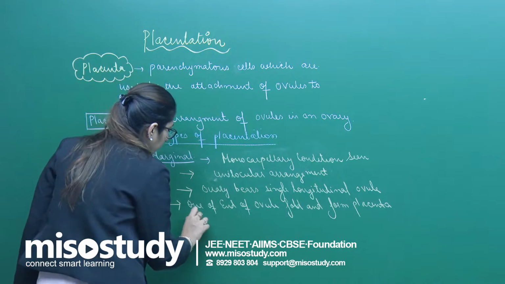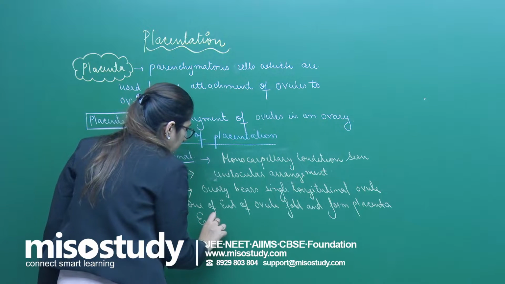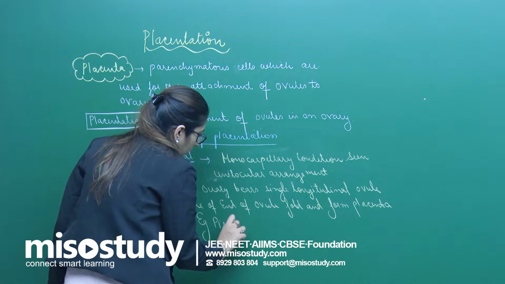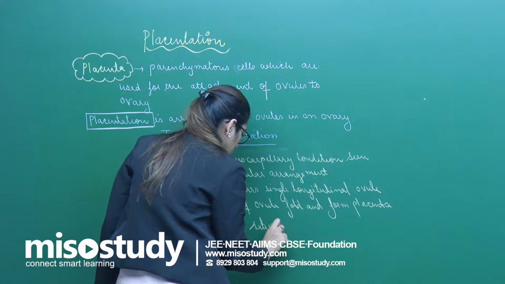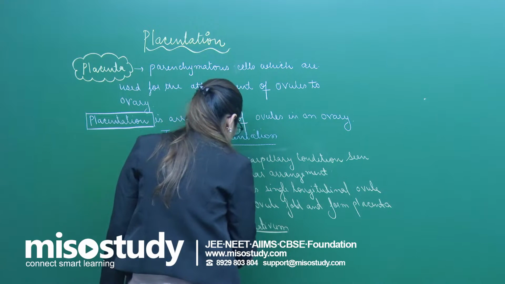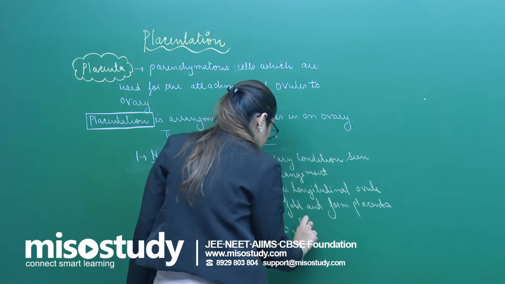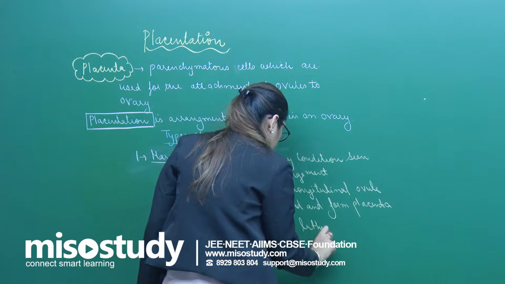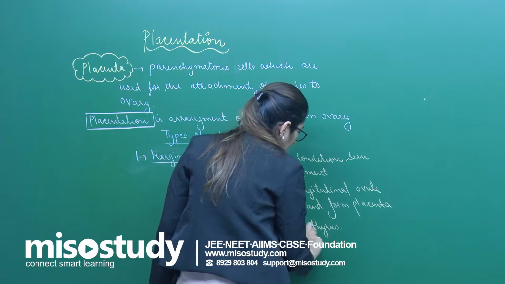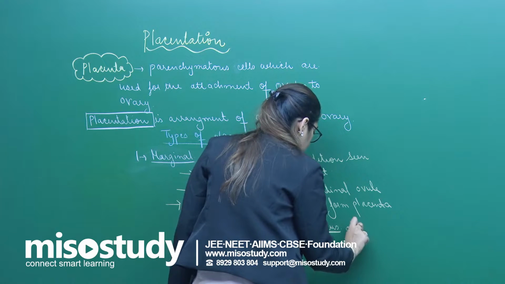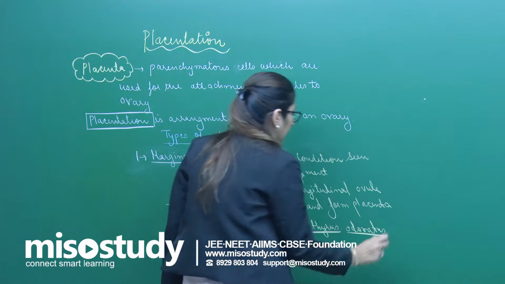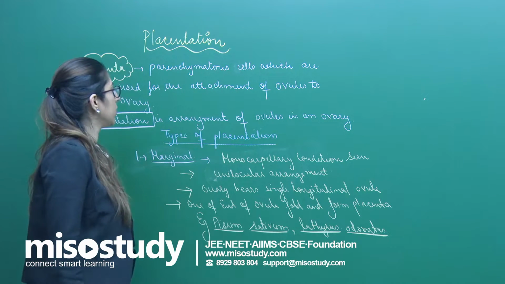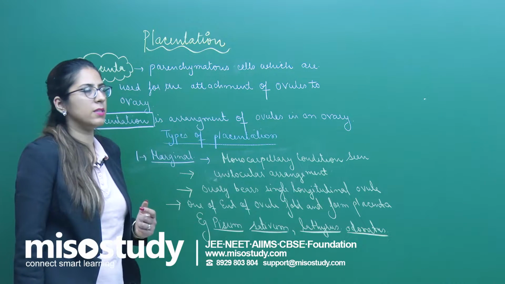In this we have an example like Pisum sativum, and Lathyrus odoratus. This is the first, a marginal type of placentation.